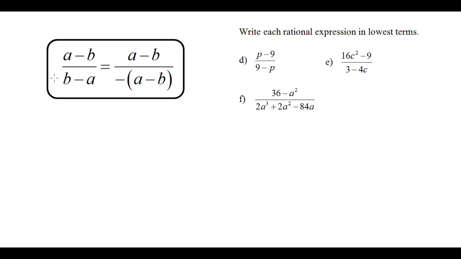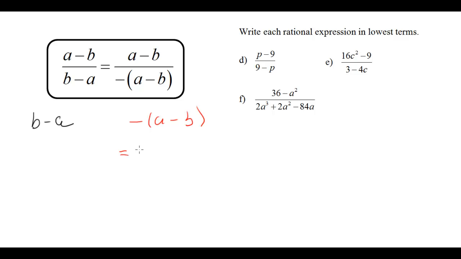But before I do that, I want to look at the denominator on the left, b minus a, and compare it to the denominator on the right. So I have minus a minus b.